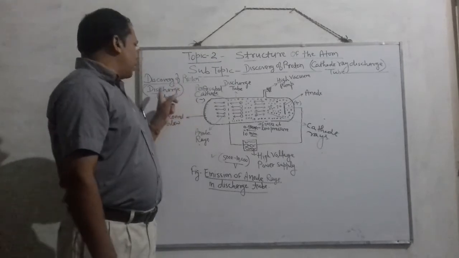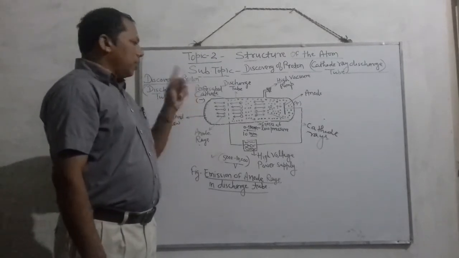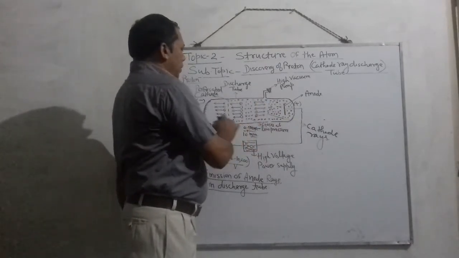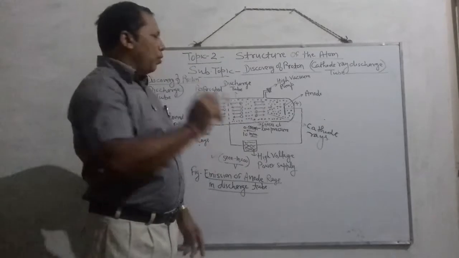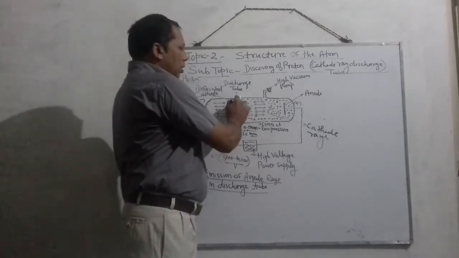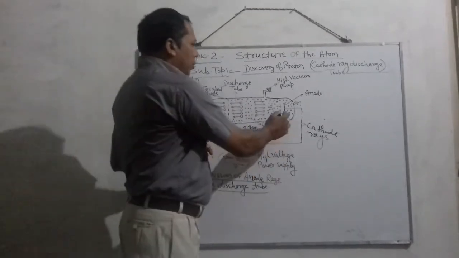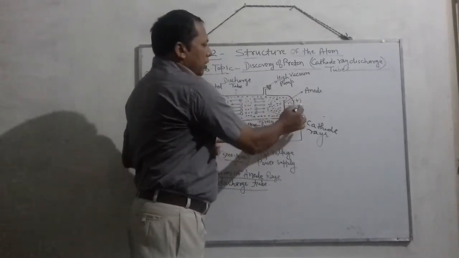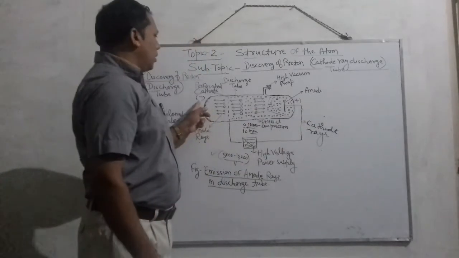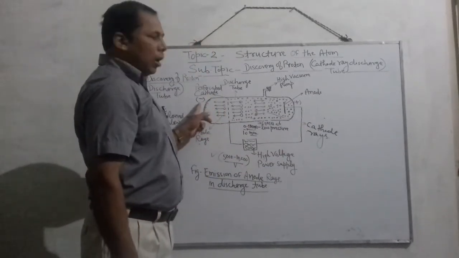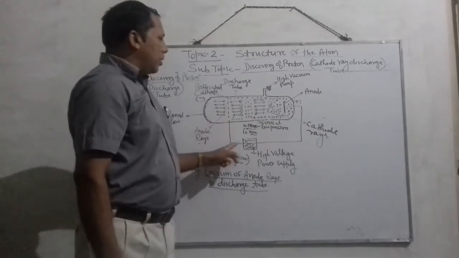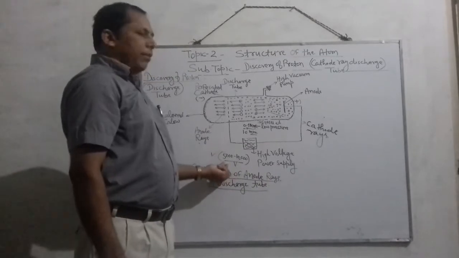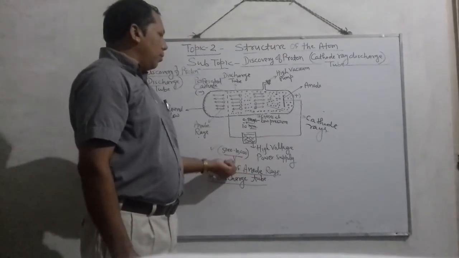So once again, the experiment of that discharge tube concerned with the discovery of proton. This discharge tube is made up of perfectly leak-proof glass tubes in which metallic electrodes are fused on the two sides of the tube, one is a positive anode, the other is a negative perforated cathode, and they are connected with a high voltage power supply of 5000 to 10,000 volt.